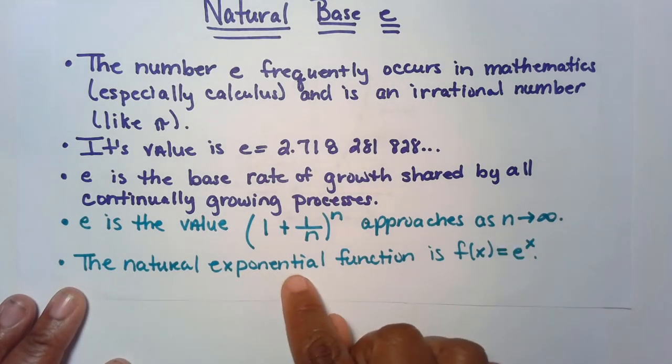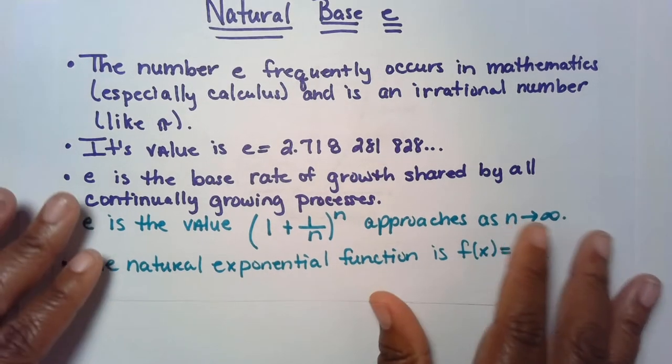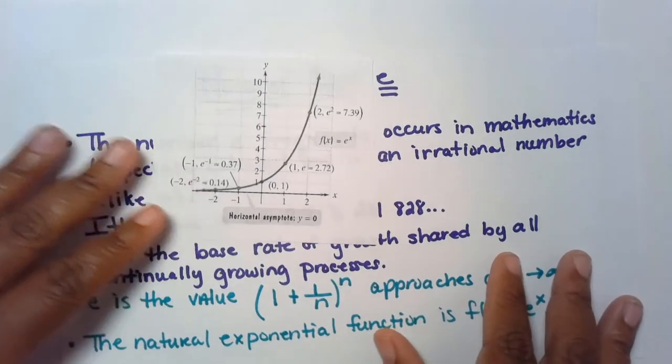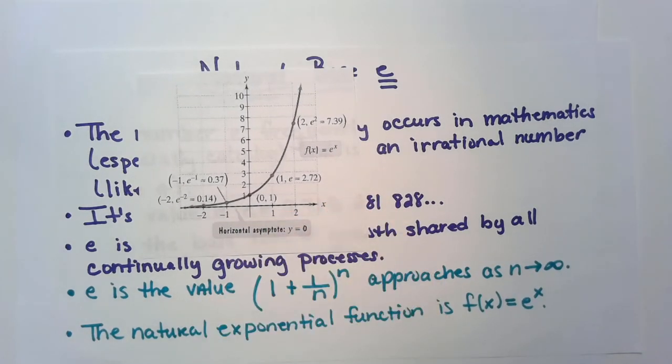So the natural exponential function is f of x is equal to e to the x power. Now, these go hand in hand with the exponential function, but what's different from what we just covered is that the base for our regular exponential function is a real number, being between 0 and 1 or greater than 1.